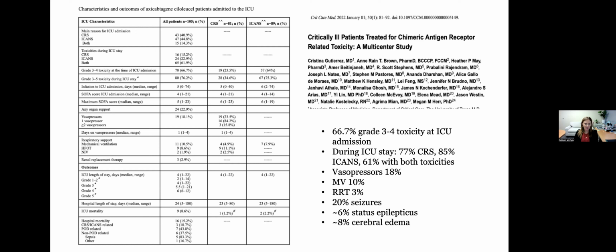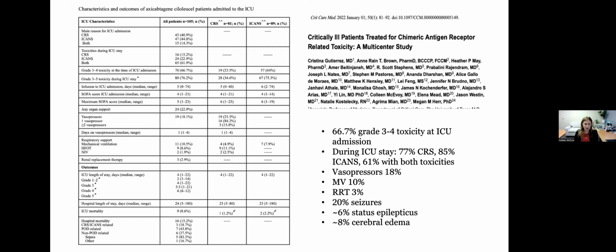About 20% required vasopressors, which goes along with the previous literature from clinical trials. These are patients outside of clinical trials, so real world data. And their days on vasopressors was quite short in comparison to patients who have septic shock.